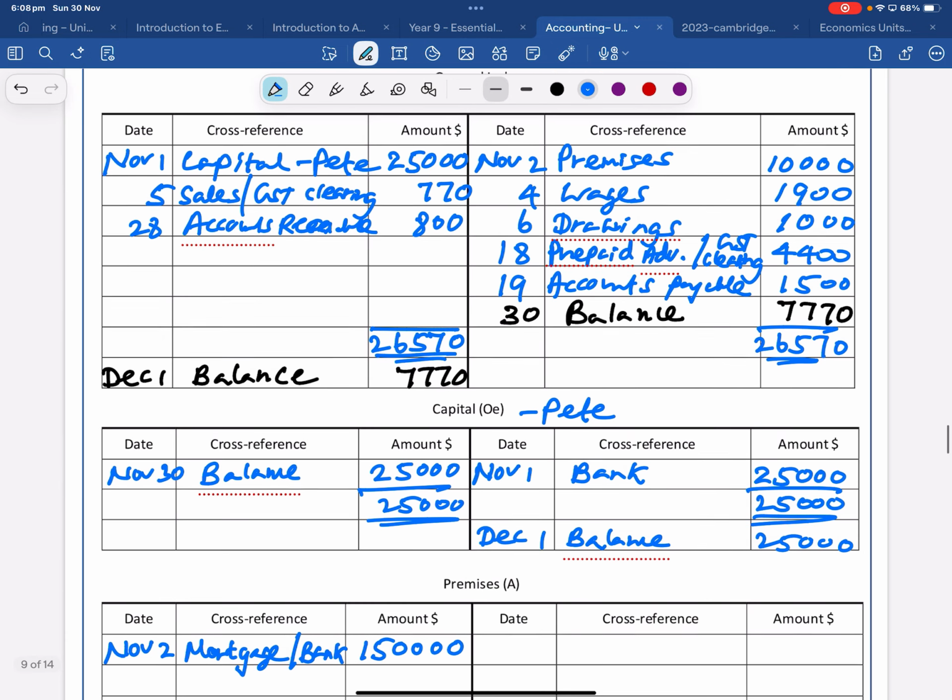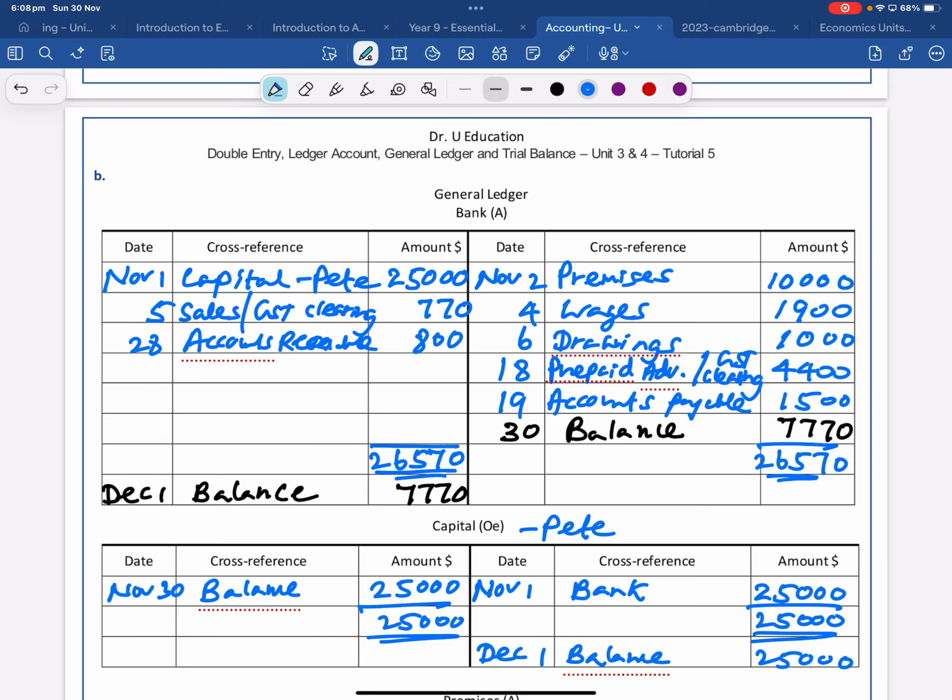The balance before the total or after the total? The balance after the total, the balance appearing for the first day of the next period. It says, as at 30th November 2025. Yes, you are correct, but remember I told you, the credit balance, for example in the bank account, is worthless.